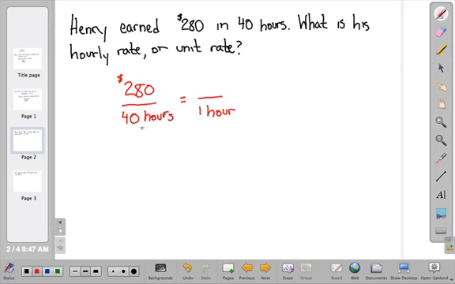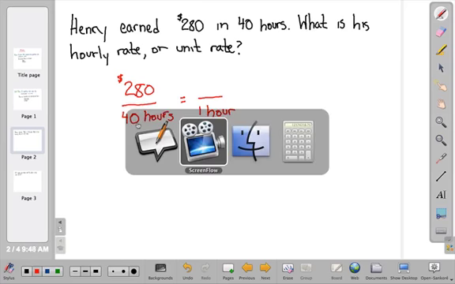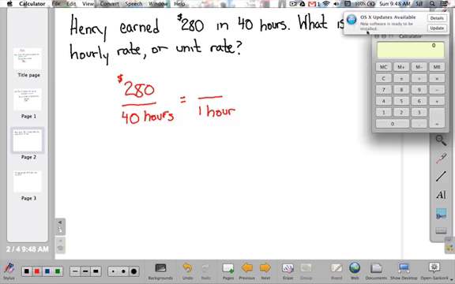If I divide 40 by 40, that means I also have to do the same thing in the numerator. I have to take 280 and divide it by 40. So if I get out my calculator, I have 280 divided by 40, and that's equal to 7.